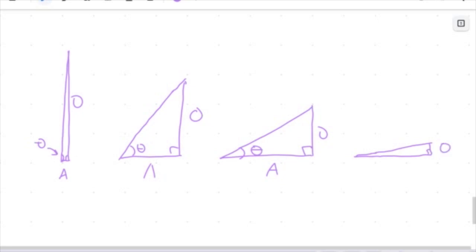I'm going to get a small opposite, and my adjacent is going to be longer relative to my opposite.